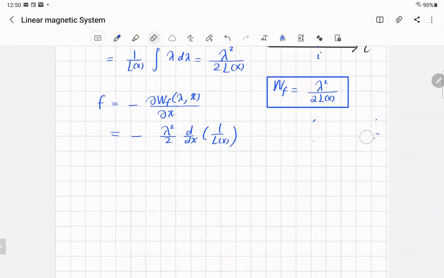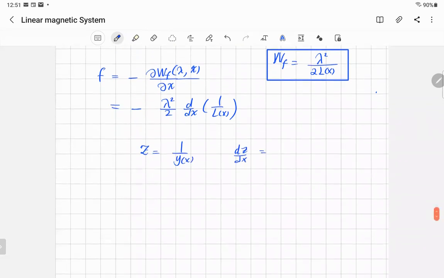So let's say that z is equal to 1 over y of x, and you want to find dz by dx. According to the rule of differentiation, if you have a over b, z dash will be equal to the differentiation of the top, a dash, times the bottom, minus a times the differentiation of the bottom, divided by the square of the bottom.